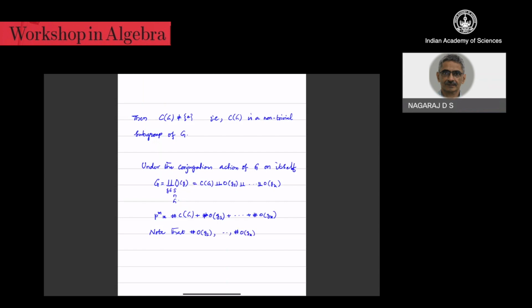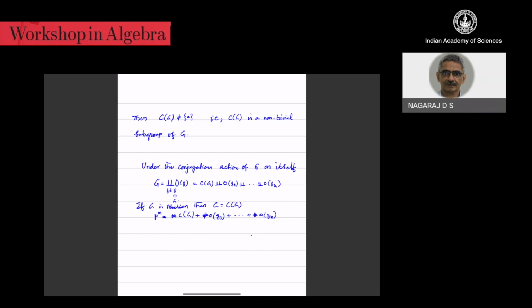So first let me assume that G is abelian, or commutative. Then G equals C(G), since every element is a singleton in that case.